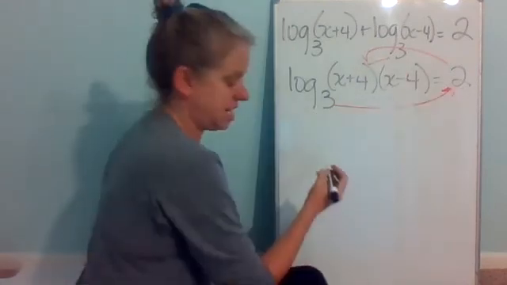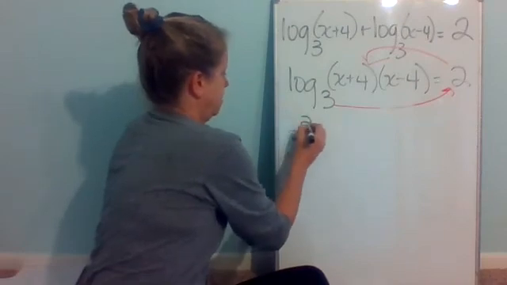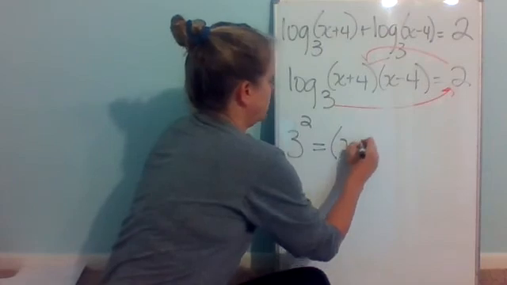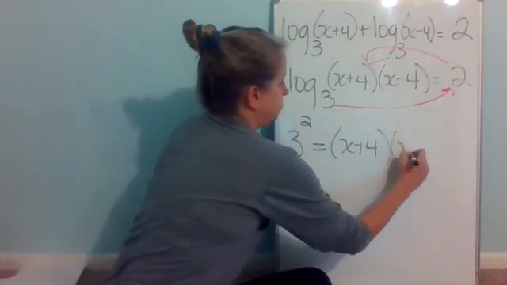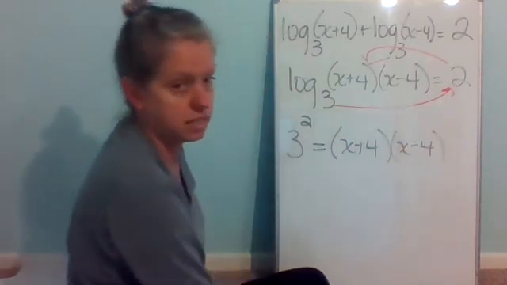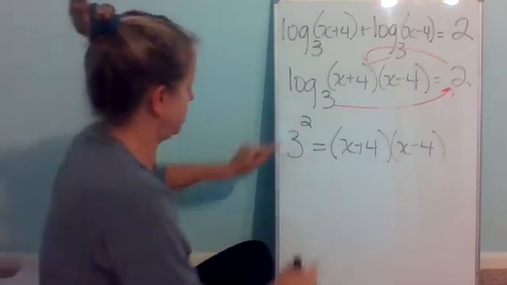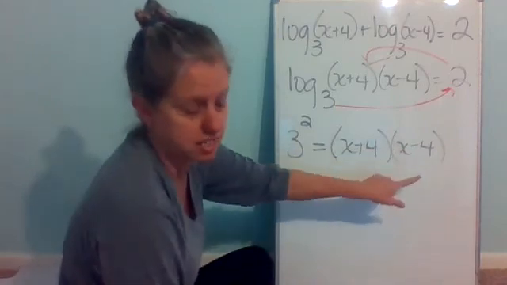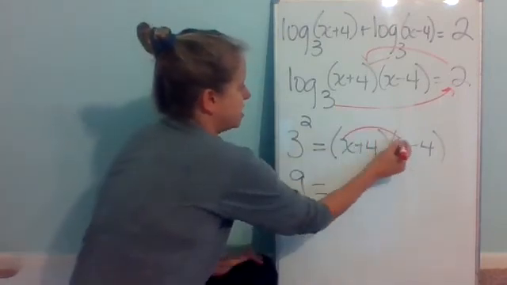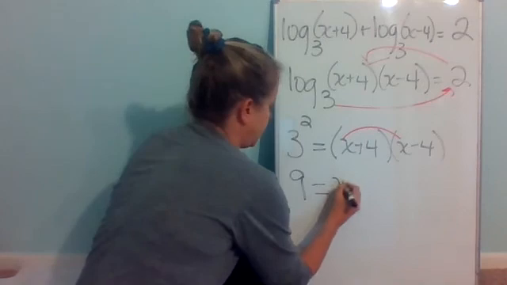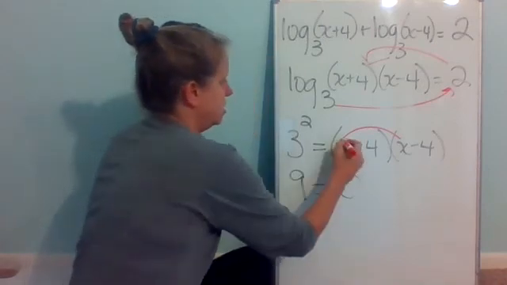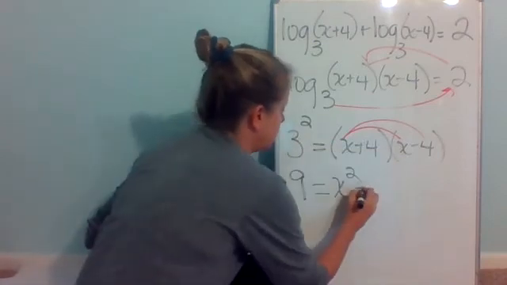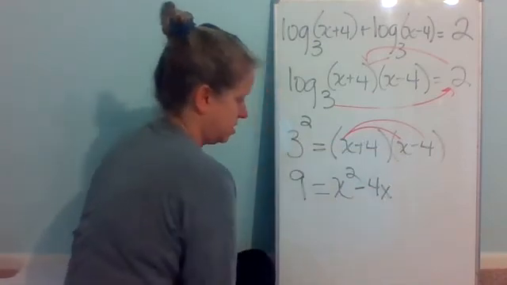So 3 to the second equals (x plus 4)(x minus 4). And solve it. 3 to the second gives me 9. I need to FOIL this, right? So x times x gives me x squared. My outside, x times negative 4 is negative 4x.